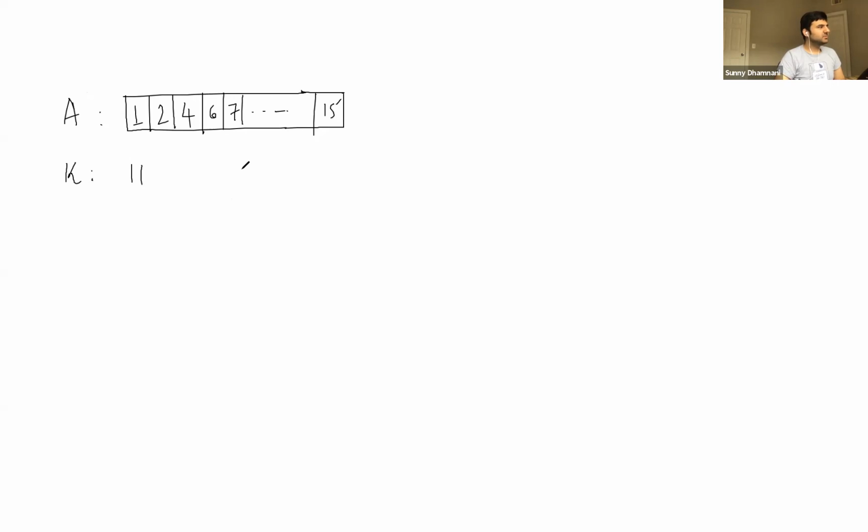Now the question is, you have to find a pair of elements which add up to K. So you have to find a pair of elements in this array A which add up to K. Now, this is our question. I want to hear solutions from you guys. Give me some algorithms on how to do that.